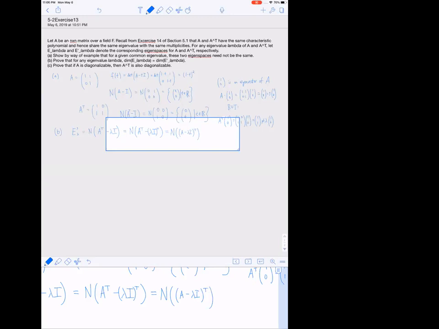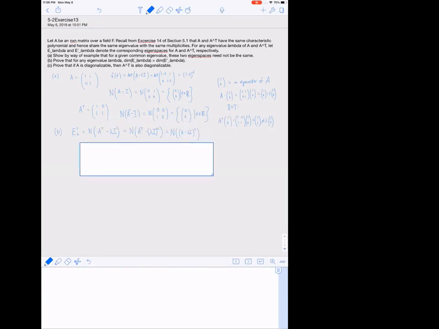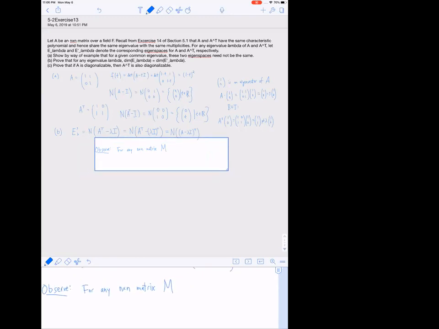So now the question is, given some matrix, how is the null space of the matrix and the null space of the matrix transpose related? So let's observe on the side here. For any n by n matrix, I'll use a new letter, I'll call it M for now.